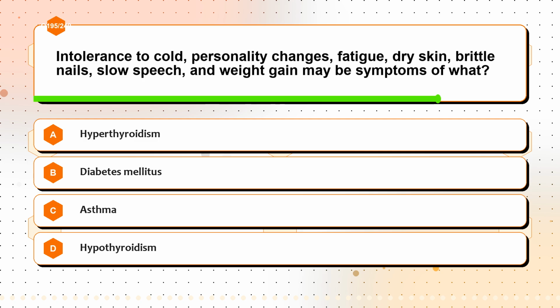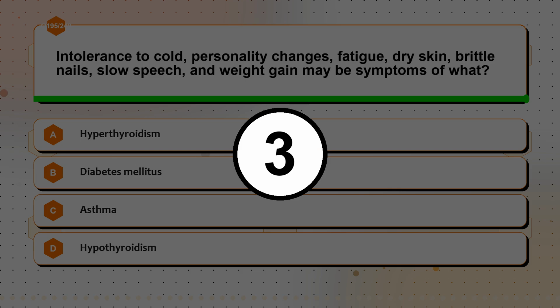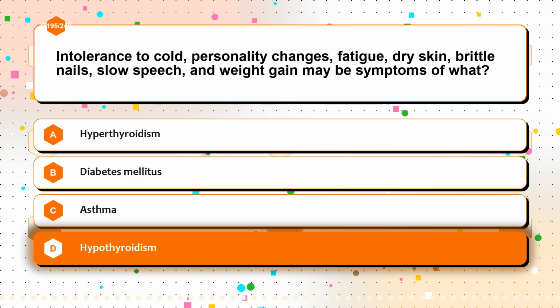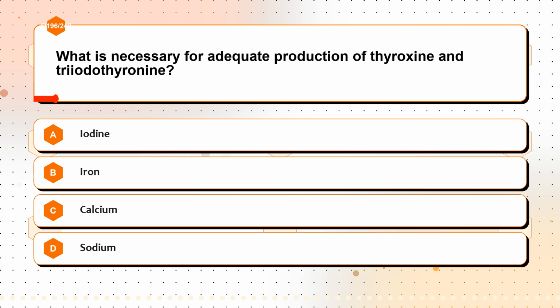Option C, asthma. Option D, hypothyroidism. The correct answer is option D, hypothyroidism.